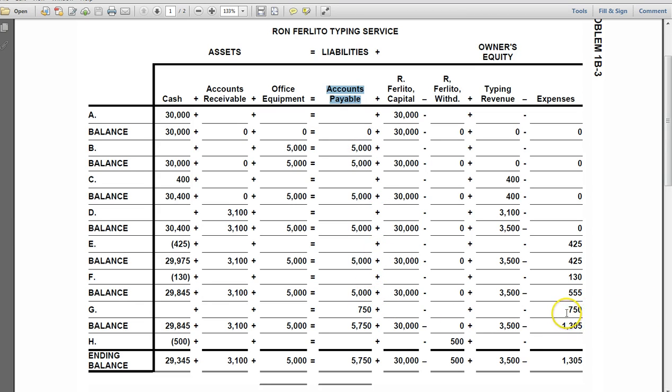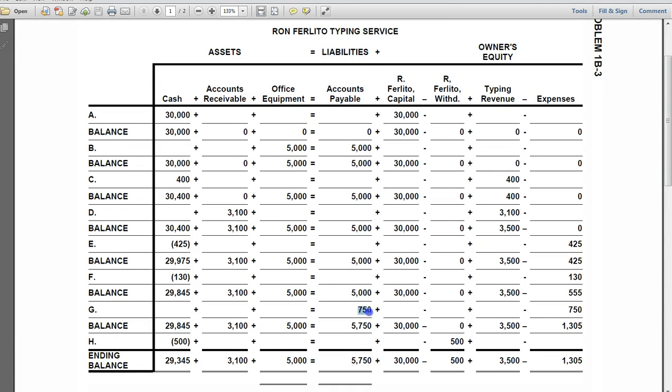So we charge the expense account, and we're not paying it right now, but we are putting a credit into the payables, which means we owe $750. You have to record the expense in the period that it was incurred.